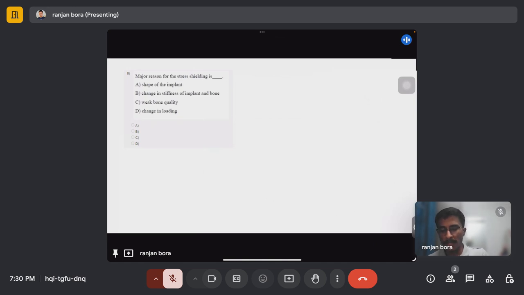So if there is a change in stiffness of implant and bone, then we can see the stress shielding phenomenon. So option B is correct.